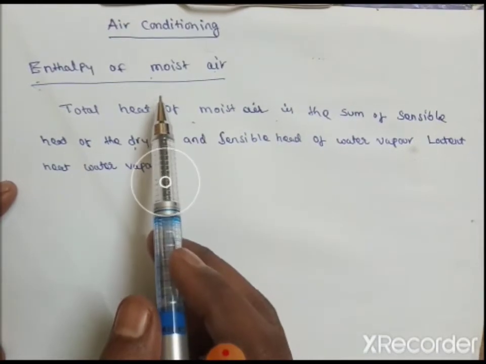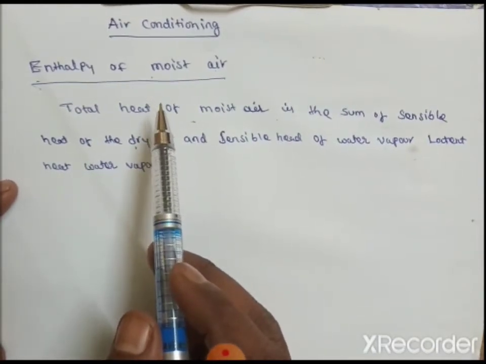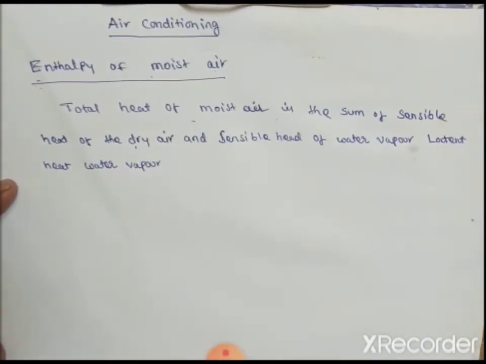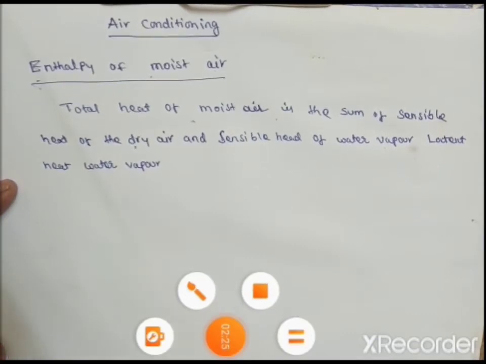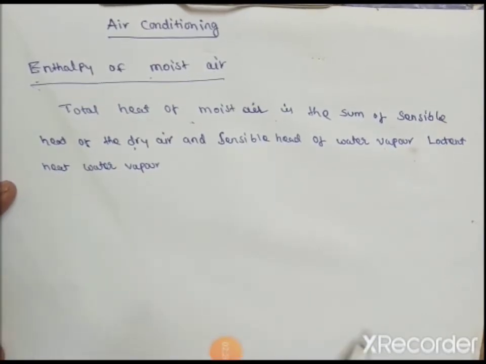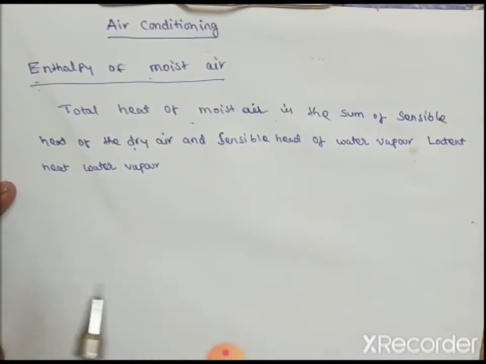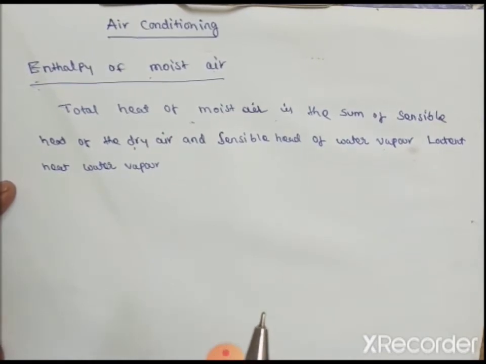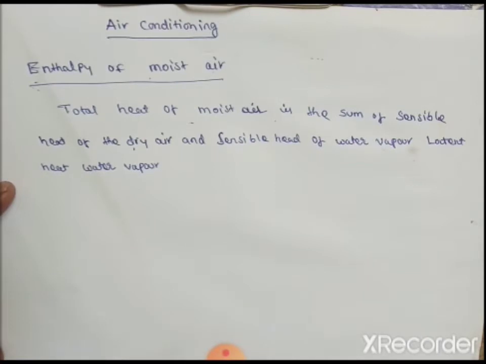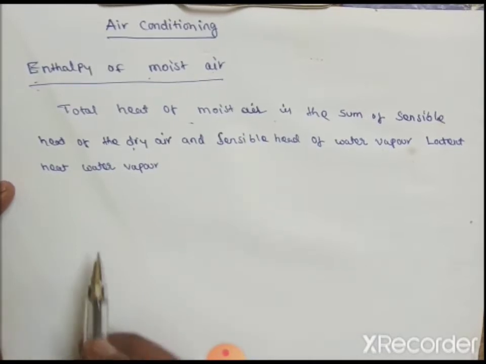The moist air is a combination of dry air and water vapor. So the enthalpy of the moist air, the total heat of the moist air, is a sum of sensible heat of the dry air and sensible heat of the water vapor, latent heat of the water vapor.